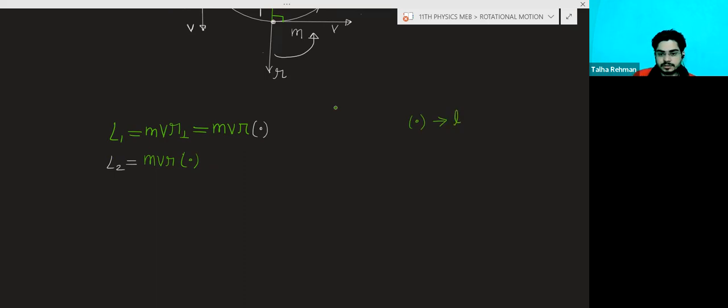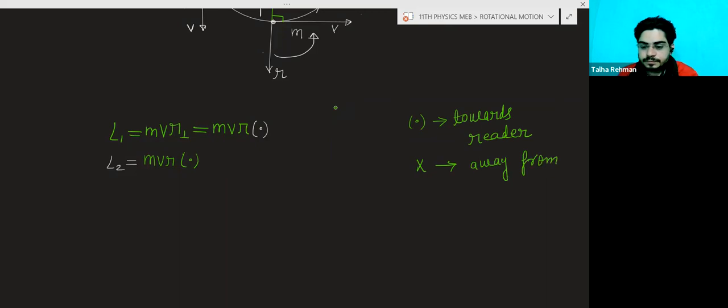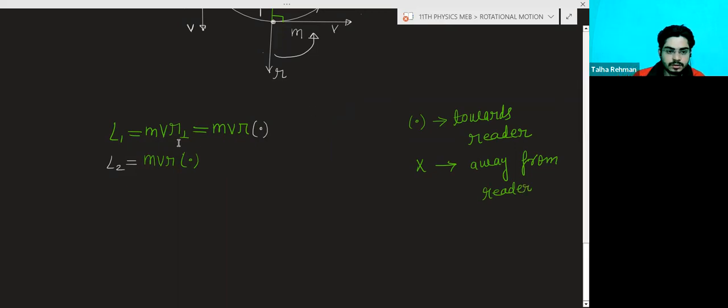And there is one more, the cross, which means away from the reader. So you will calculate all the angular momentum.